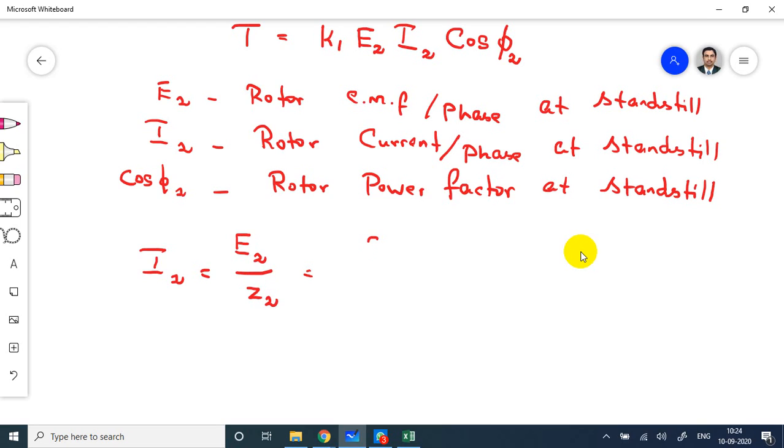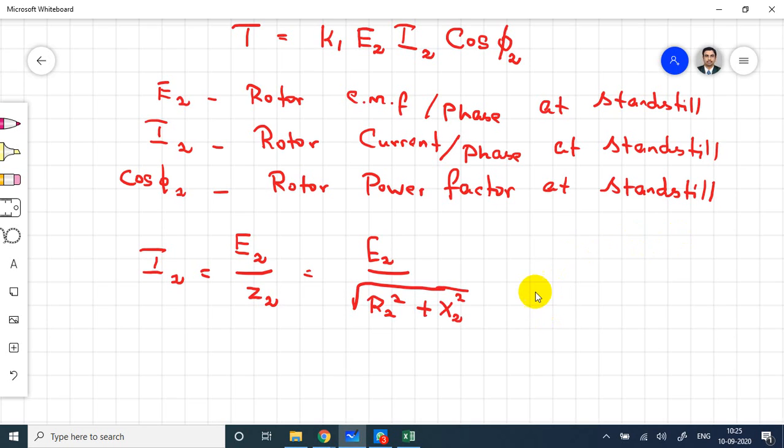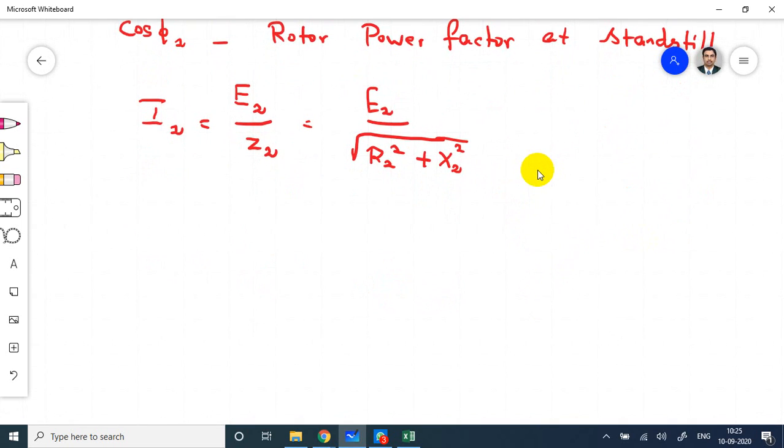E2 divided by Z2, and we know the magnitude of impedance is square root of R2 square plus X2 square. This is the I2 equation.